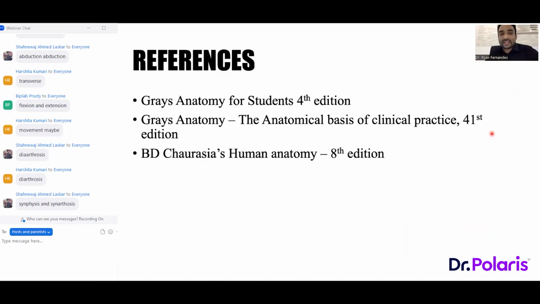So with this, we come to the end of the lecture on joints. I hope we could shed some light and make you understand joints better than what you already knew. Like you saw, if you structure it properly, it is easier to understand. That's why I keep telling you, start from solid joint, start from synovial joint.